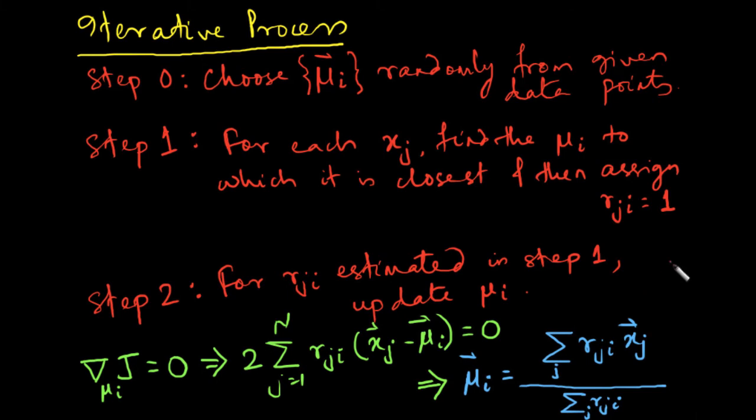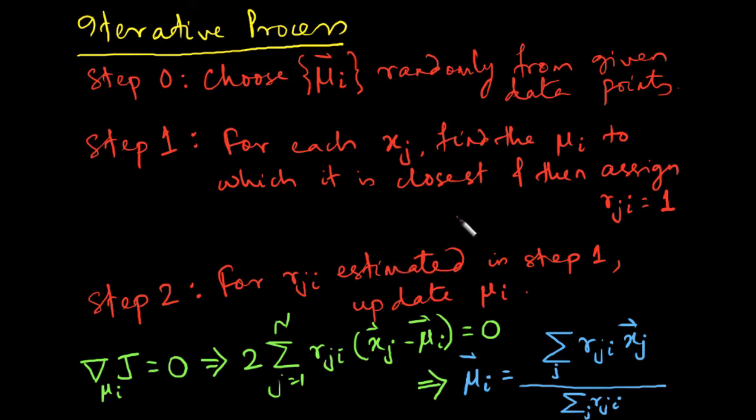Now once you have completed step 2, you again go back to step 1 and repeat the process, but of course before going to step 1 you again remove all the assignments of rji, or you can assign all of them to 0. Then calculate rji, then again update the mu I and keep doing this process till you reach convergence.